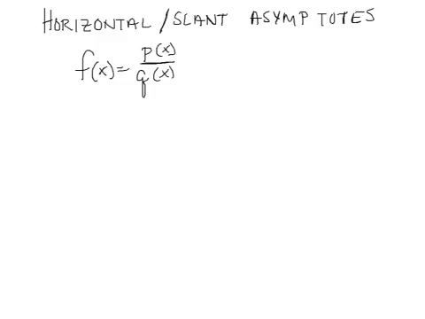The easiest one that we're going to talk about is if the degrees, so we're focusing in on the degrees of P of x and Q of x. We can say that in this format.